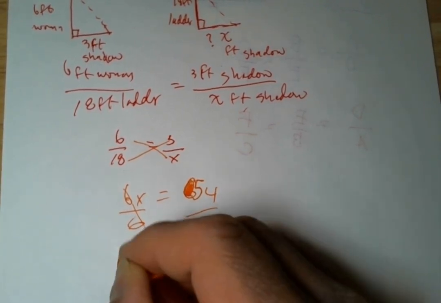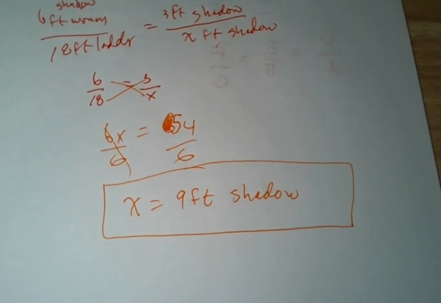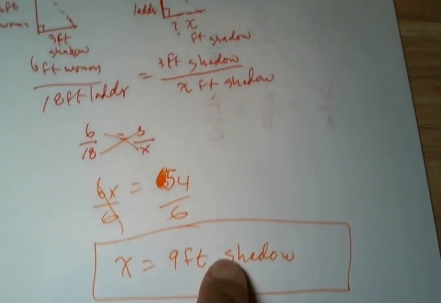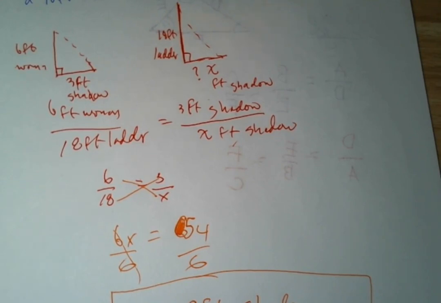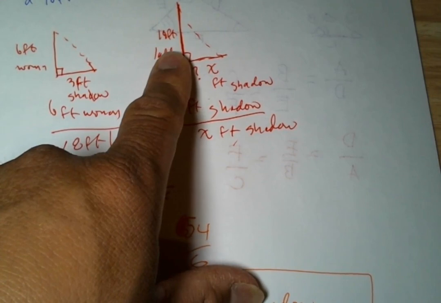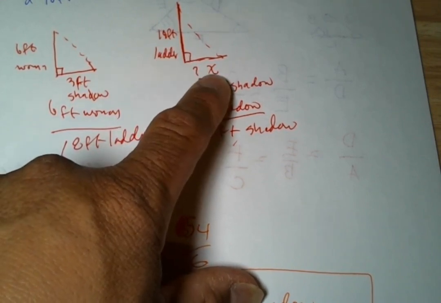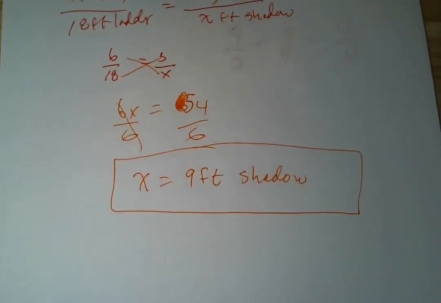When dealing with a word problem, you're asked a question, so make sure you answer it by providing the appropriate context, usually units: a 9-foot shadow. Always ask yourself, does that make sense? And it does. With 6 feet and 3 feet, it makes sense that the shadow would be larger than 3 feet, and that seems like an appropriate value.